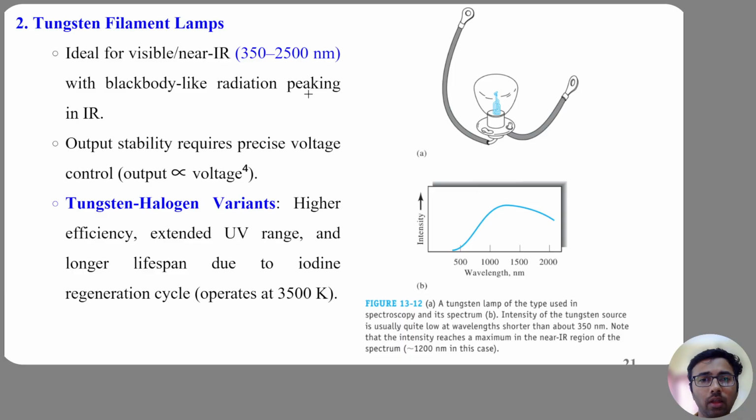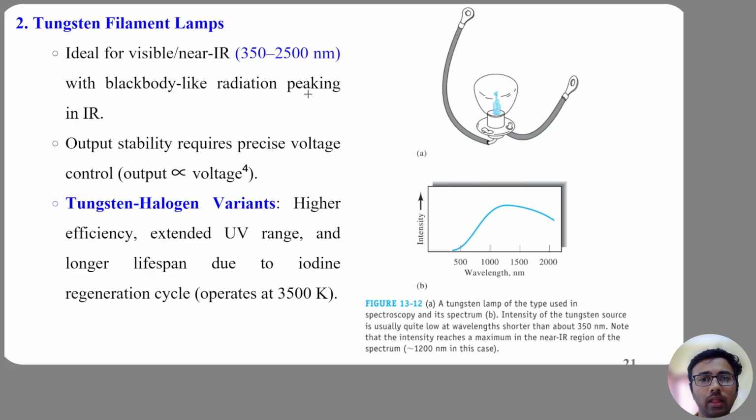The benefits include high efficiency, longer lifespan, and extended spectral coverage. Notice from the graph, the intensity drops sharply below 350 nanometers, which explains perfectly why the deuterium lamp is required for UV measurement. Together, deuterium and tungsten form a complementary system.